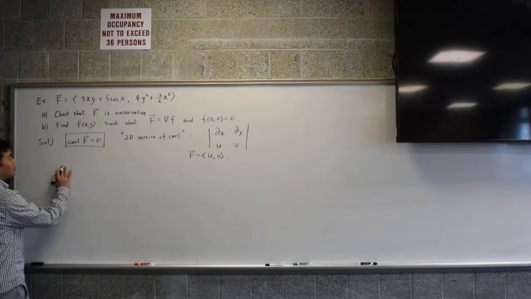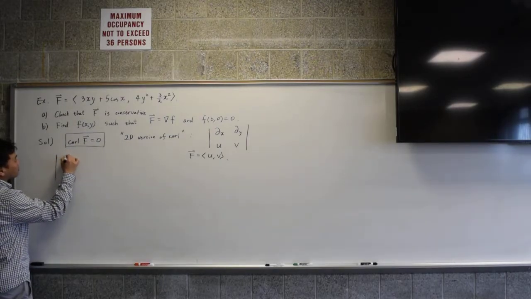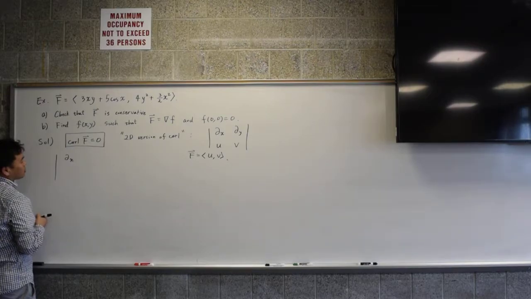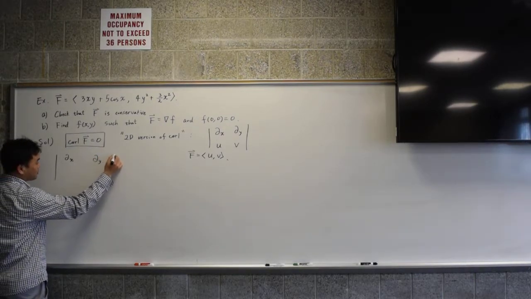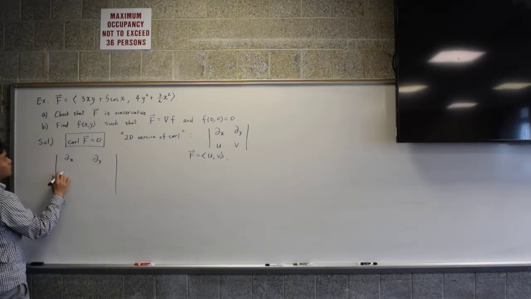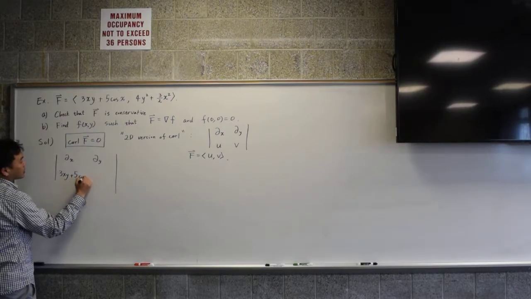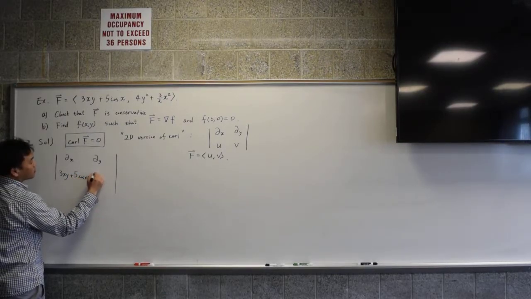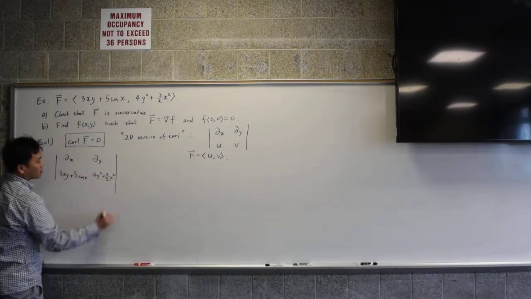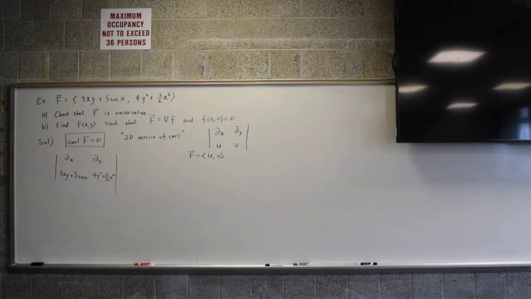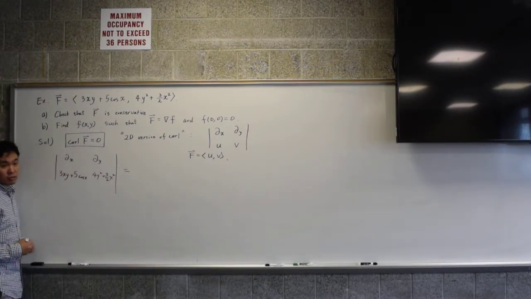All right. So let's try that. If I have differentiation with respect to x and differentiation with respect to y, and I put over here 3xy plus 5 cosine x and 4y squared plus 3 over 2 x squared. Let's compute this. Now, how do you compute this determinant?